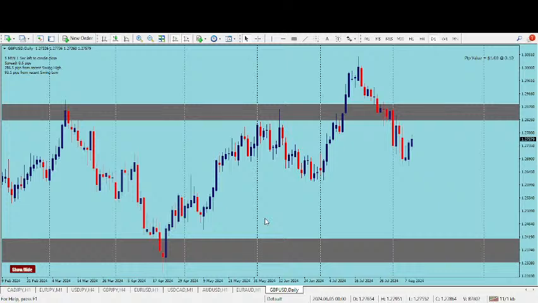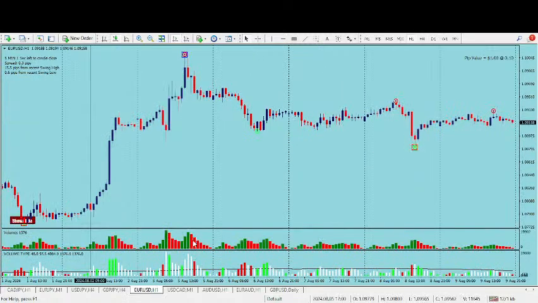Now, as you can see from the chart, we are on dailies. We are using GBP USD dailies. Okay, let me check. Let me go to Euro USD. I think Euro USD is another important one.